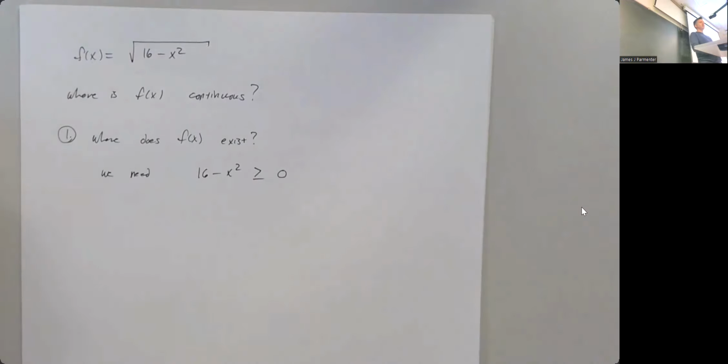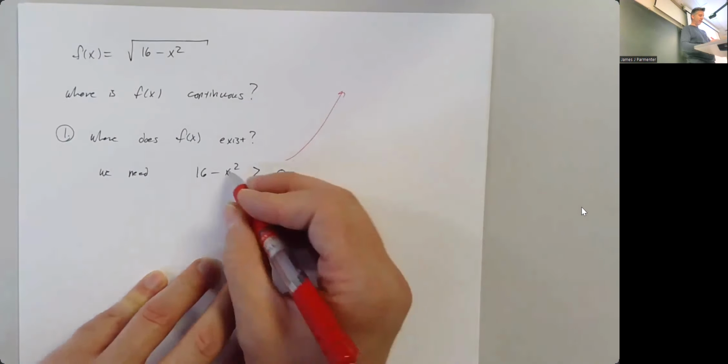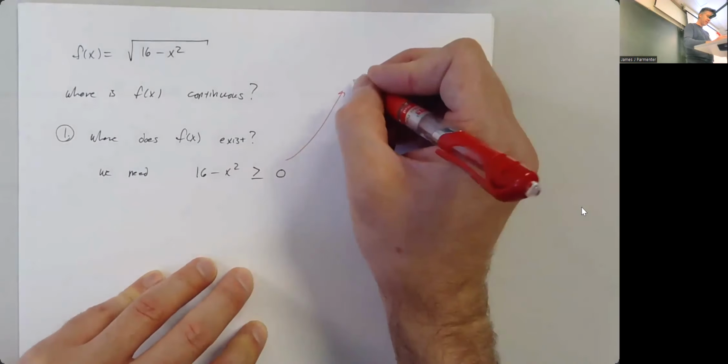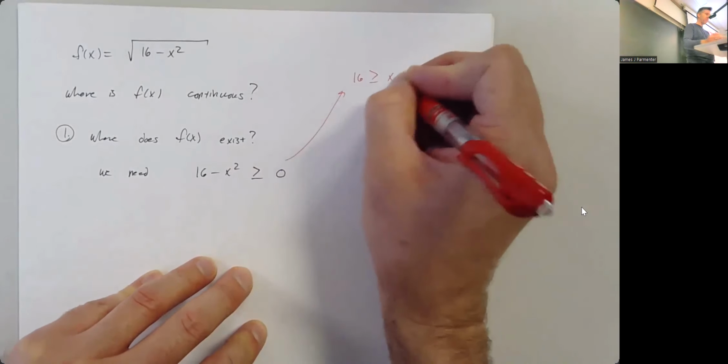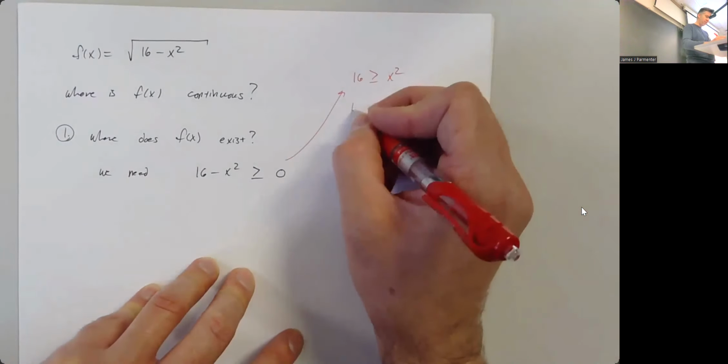And here's where it's easy to do this the hard way. The hard way, in my opinion, is to bring x squared to the other side and say 16 is bigger than or equal to x squared, and then square root both sides. And the square root of 16 is 4.